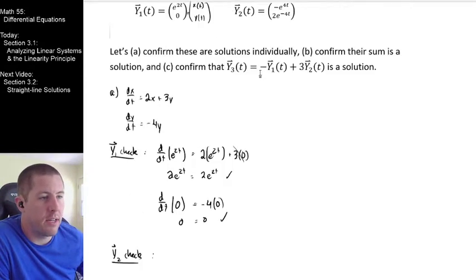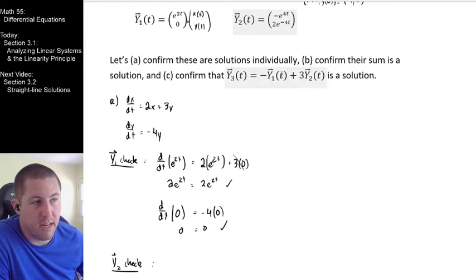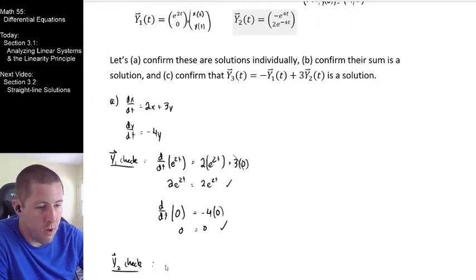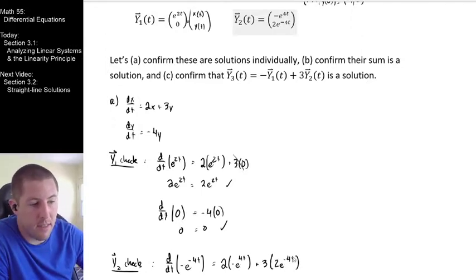So now we're going to go ahead and check this guy with this guy right here. My x of t equation is negative e to the 4t. So here's my derivative of x. It should be equal to 2 times negative e to the 4t plus 3 times 2e to the negative 4t, right? And notice this is x, this is y, as pulled from this guy right here.